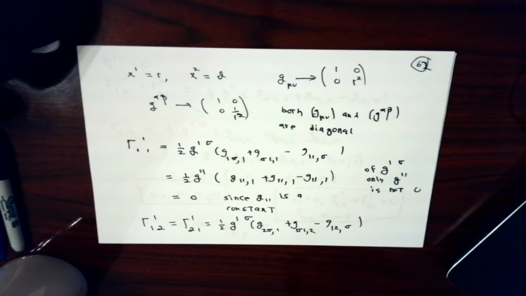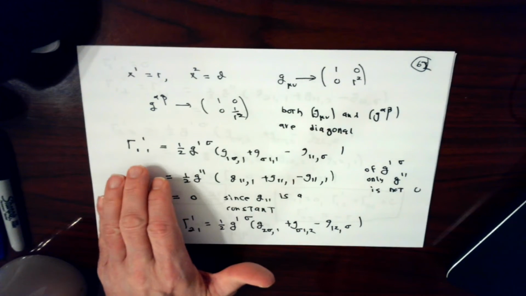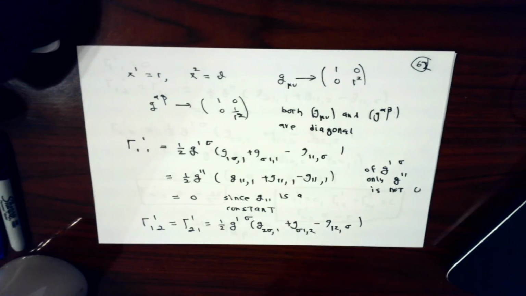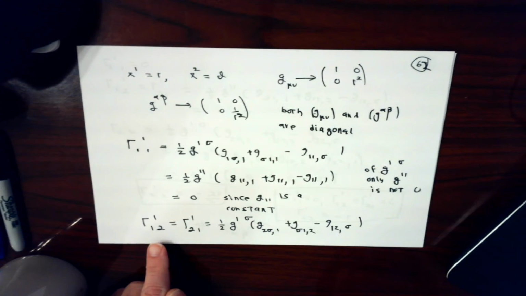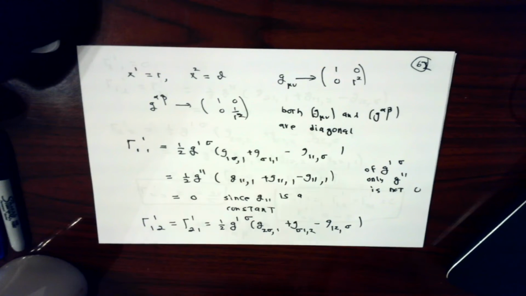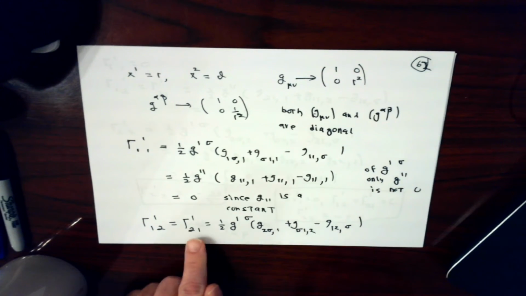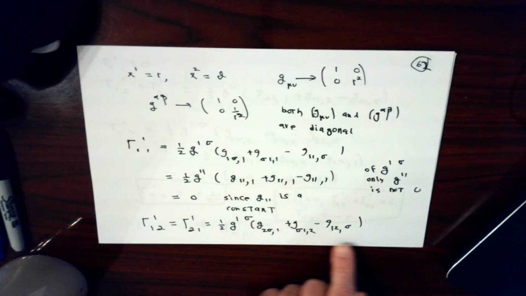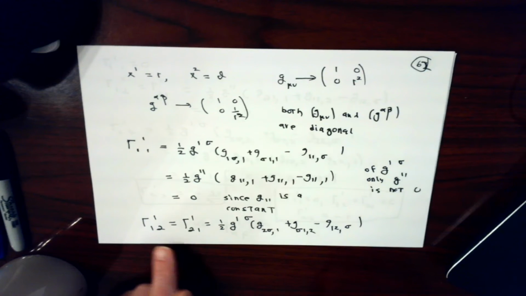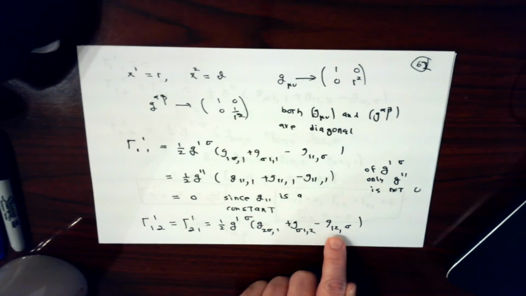So this tells me that gamma 111 is 0. Next, I could calculate gamma 112, making the comment that as soon as I know that, I also know gamma 121. It's the same argument, except 1, 2 are going to be the indexes on the g down at the end instead of 1, 1.